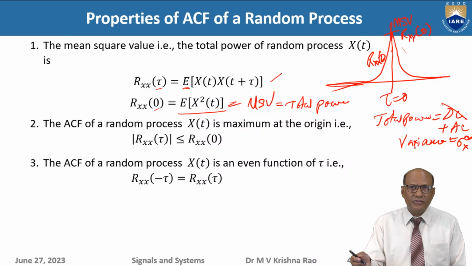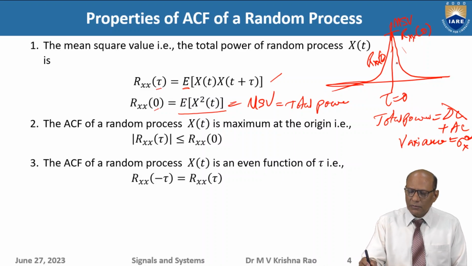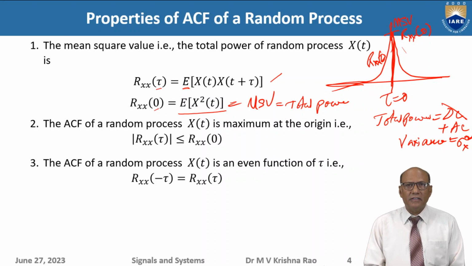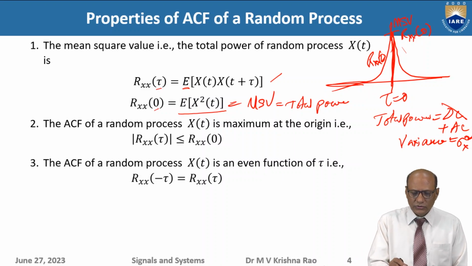Otherwise, you have some DC component also, plus constant power, and that is the total power, which is nothing but the mean square value. So at the center, at tau equal to 0, this single value is nothing but the total power. So that is the first property.